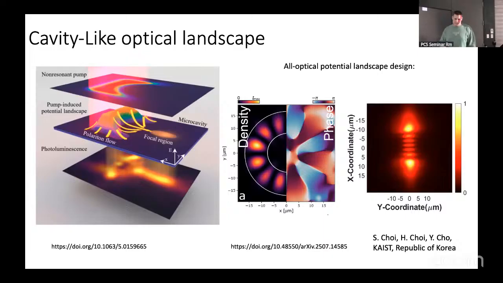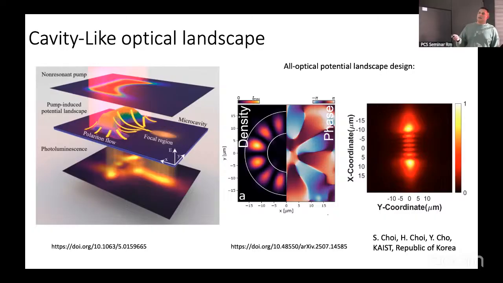As I said before, we can control the potential. Due to the excitation scheme of condensates, we can optically control the landscape in which our condensate lives and from which our condensate feeds.